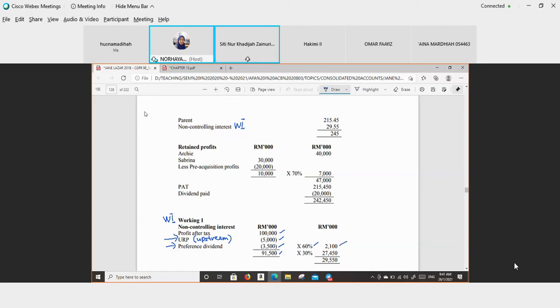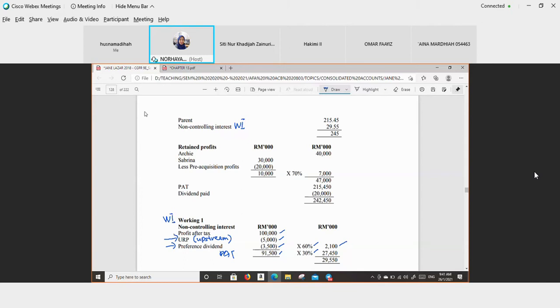And then from the total PAT 91 million 500,000 times 30%. Kenapa 30%? Non-controlling interest for ordinary share. Yes, non-controlling interest share of profit, which is 30%, because the controlling interest is 70%.